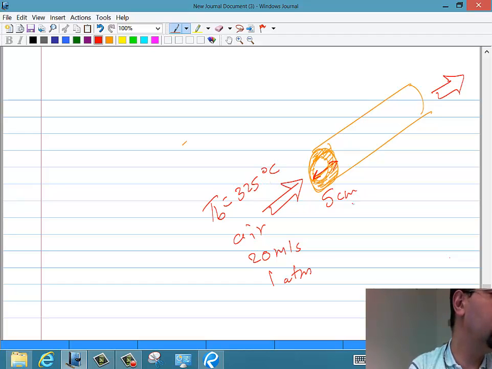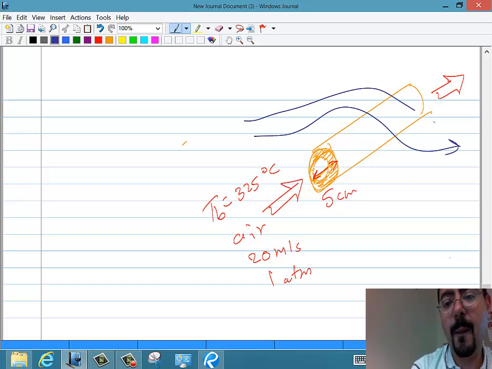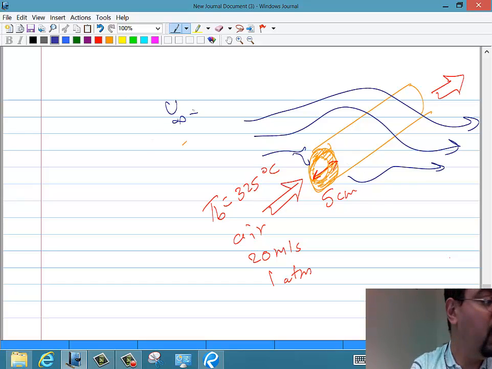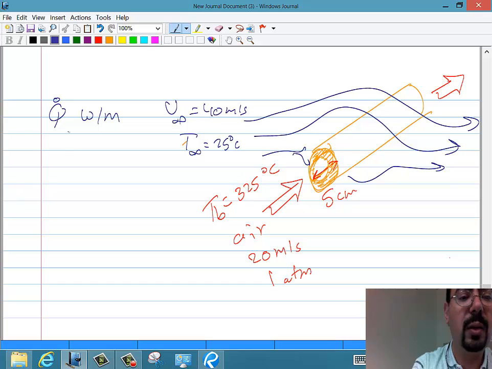It flows with a velocity of 20 meters per second through this pipe, while cooling ambient air, the cold air, is going around the pipe. That air is moving at 40 meters per second, and its temperature T infinity is 25 degrees C. He said determine the heat loss per unit length of the pipe. So required is Q per unit length, watts per meter.